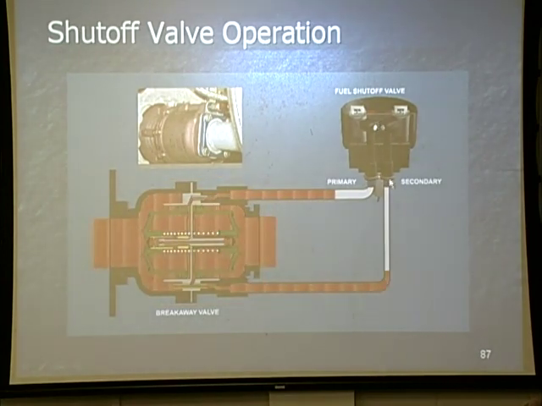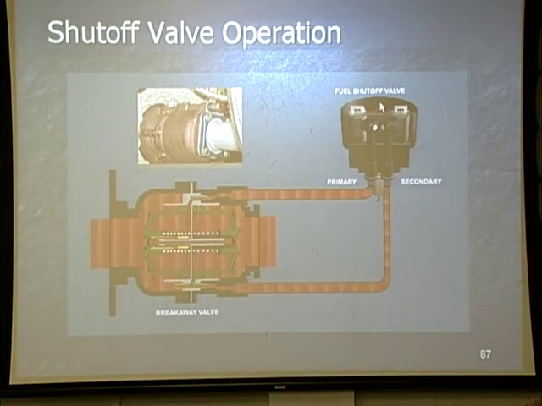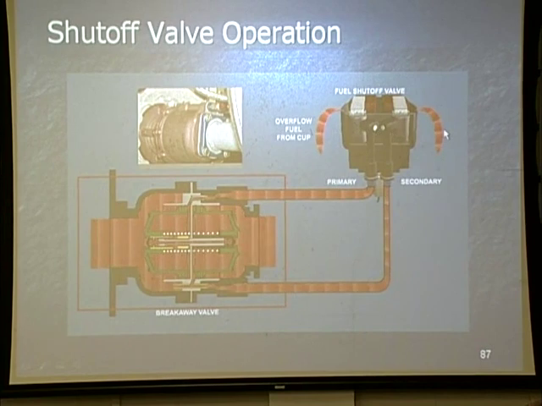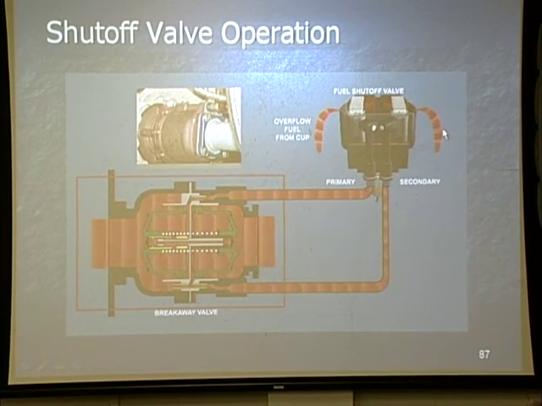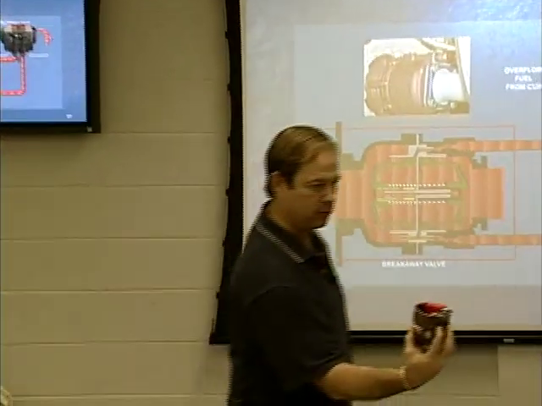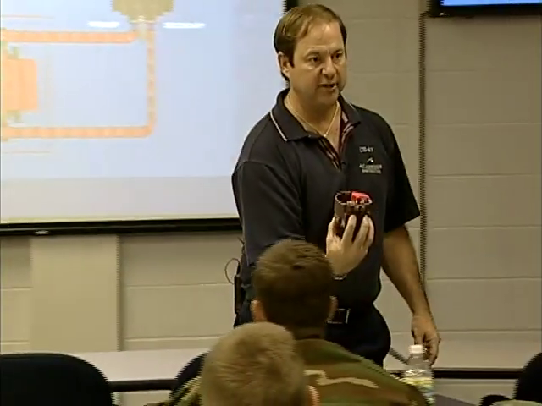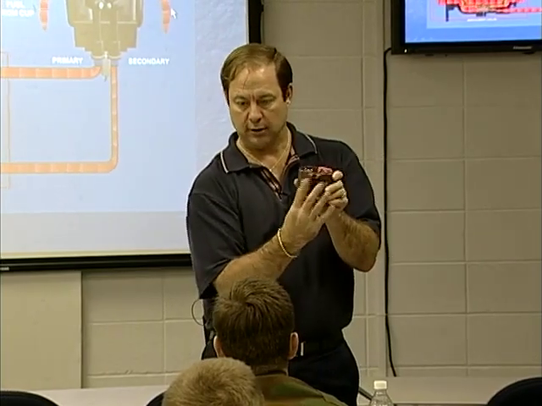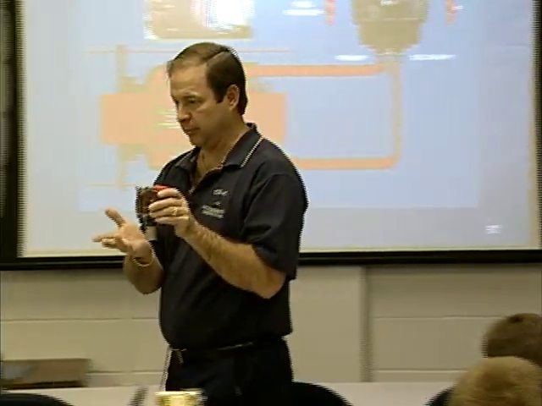As it comes in here, it's going to go up both the primary and secondary and go into the bowl, but it's actually going to come out a back port. What you have back here is a port that's going to allow that fuel to squirt out the back. Because why? Because I'm not ready for the fuel shutoff process to occur yet. So what's going to happen is it's just going to drain out, allowing that fuel to access out here.